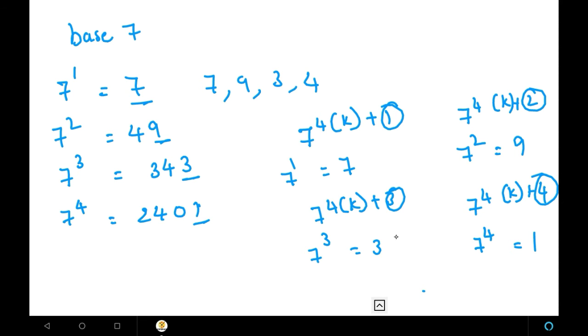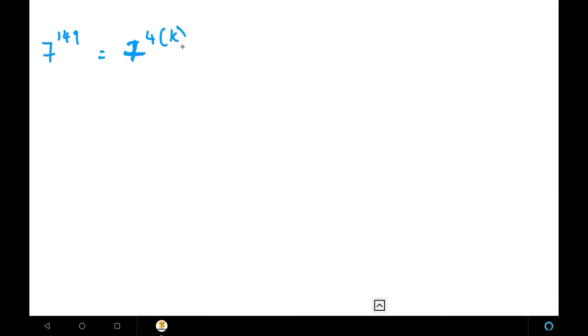I'll explain this with a clear example. Here I have taken the example 7 power 149. Let us write it like 7 power 4 into k plus r, where r is the remainder.